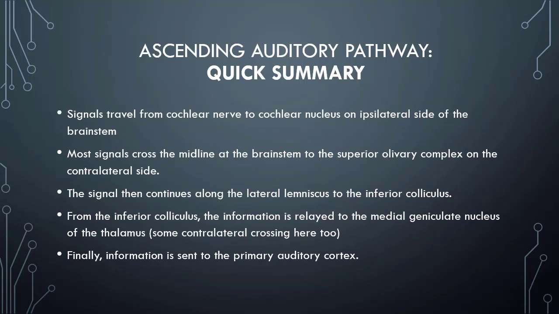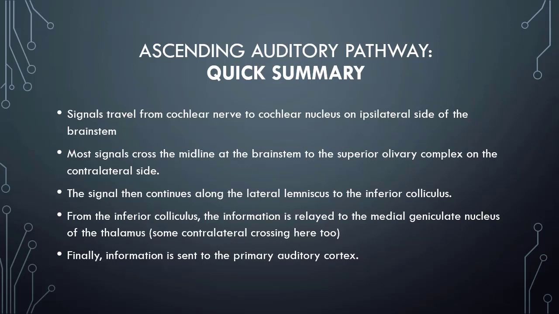I know that that's a lot in a few slides. So what I did here, for the benefit of those of you taking notes, is put together a quick summary. I think that might be really helpful as you go back through. If you want to print it out, this slide will be on a separate page so you can look back through all the different steps that are happening.